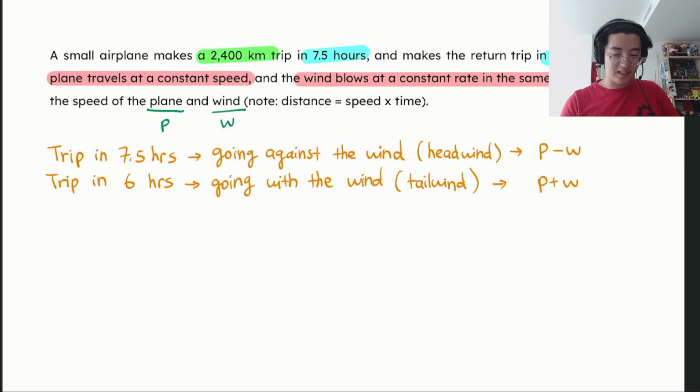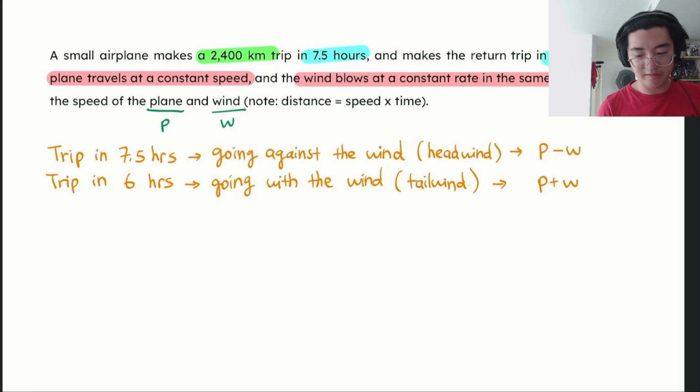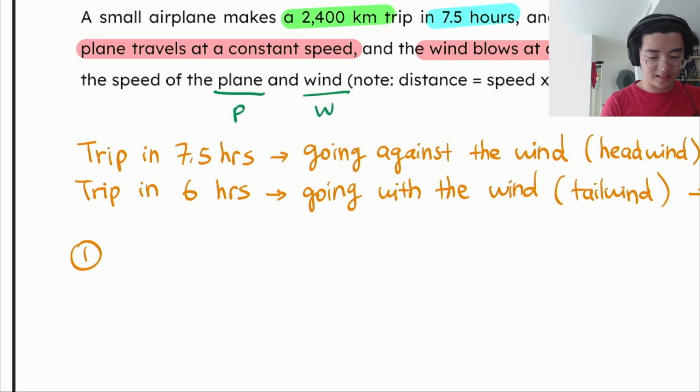We know that if the plane makes the trip in 7.5 hours, its speed is plane speed minus wind speed, because we're going against the wind. If the trip's in 6 hours, then it must be a tailwind. The wind is boosting the plane, and that's why the trip is shorter. So we've got two equations here. The distance in both cases is 2400. That has not changed. It's the same trip.